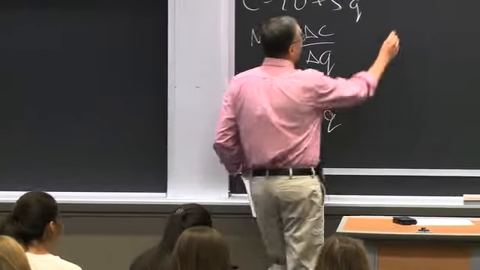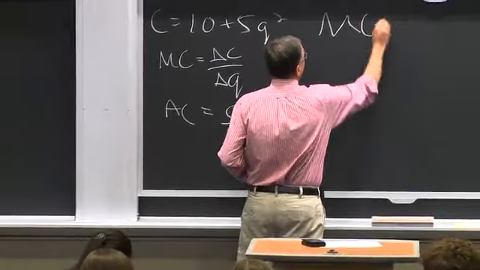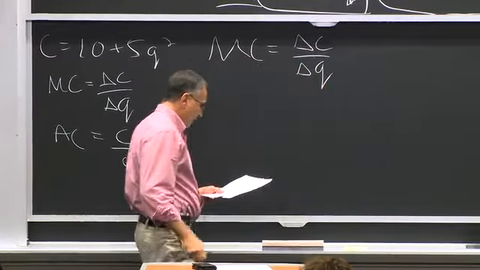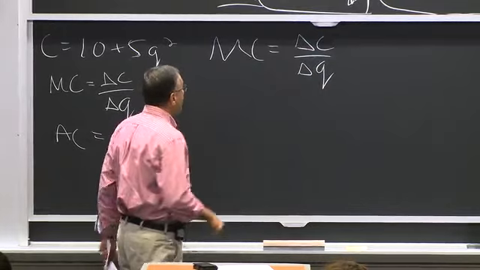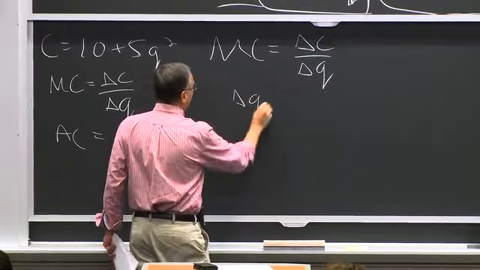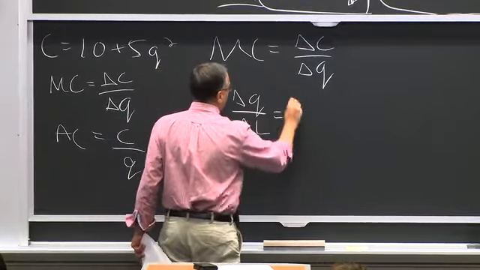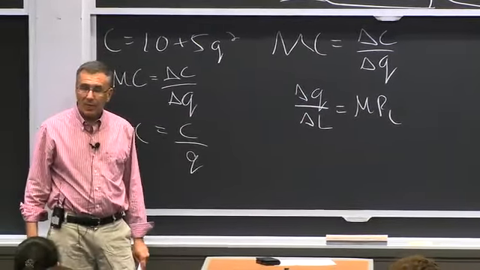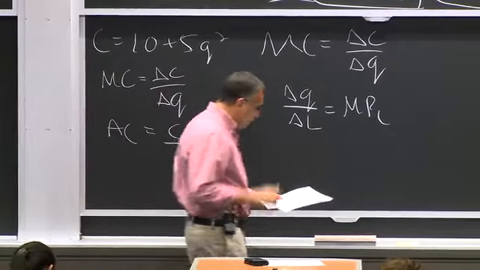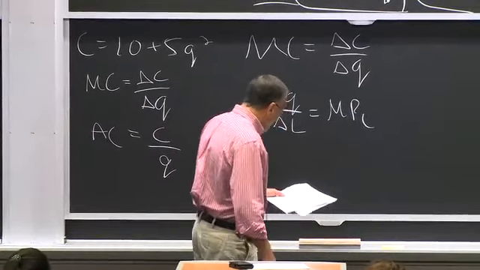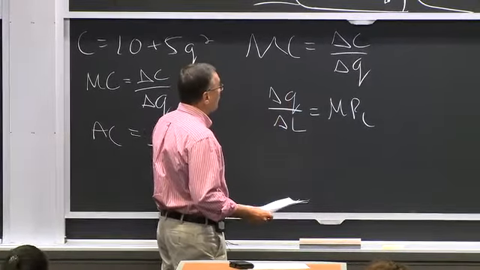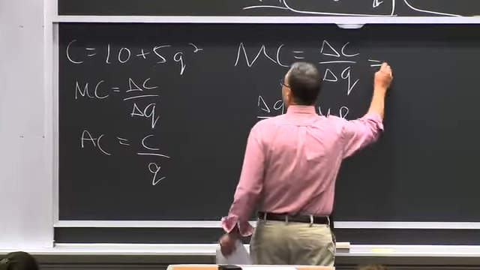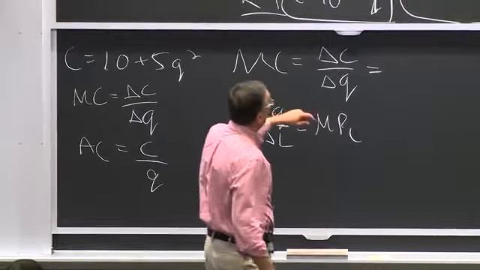Well, the marginal cost of production is, as I said, equal to delta C over delta Q. Well, we know from last time that delta Q over delta L we defined as the marginal product of labor. Plugging those in, we know marginal cost is delta C over delta Q. And we can write this if you take the derivative of the cost function.